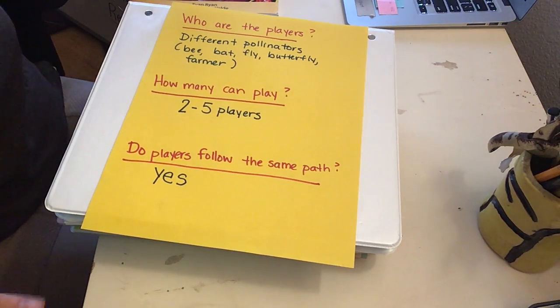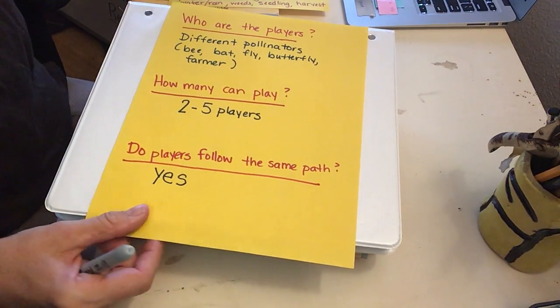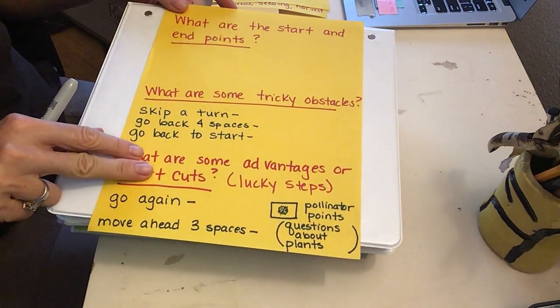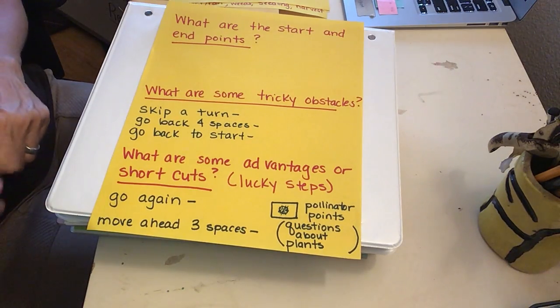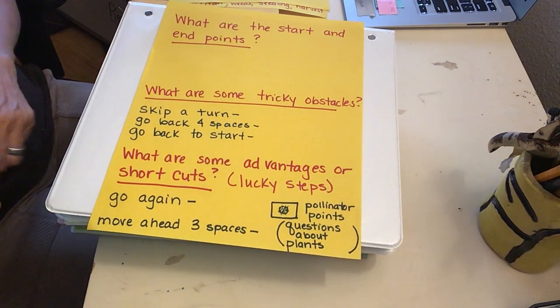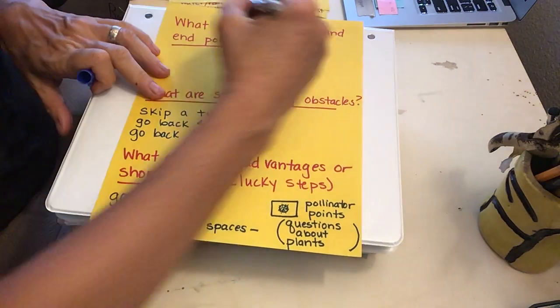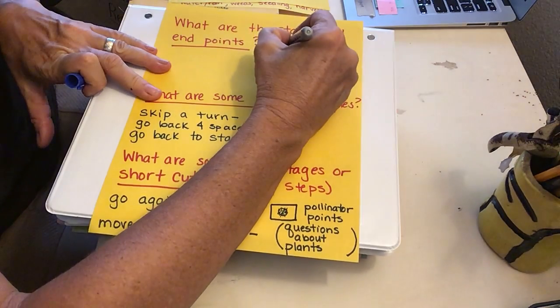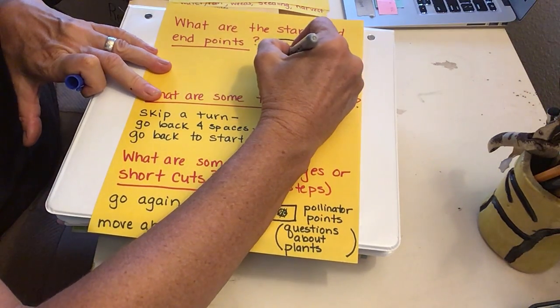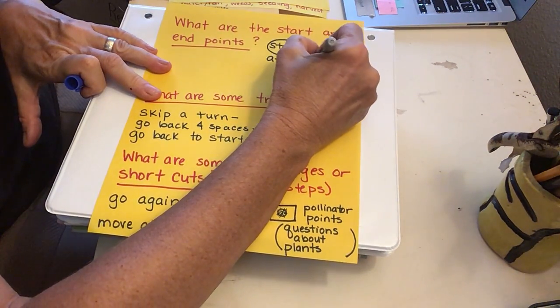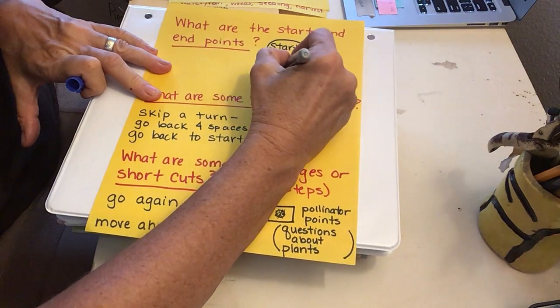All right, we're ready to move on to a little bit more planning. A few more questions that we want to ask today on day 2. What are the start and the end points? So where will we start? Well, if it's from pollinators to food, I'm going to have my start at the center of a flower.